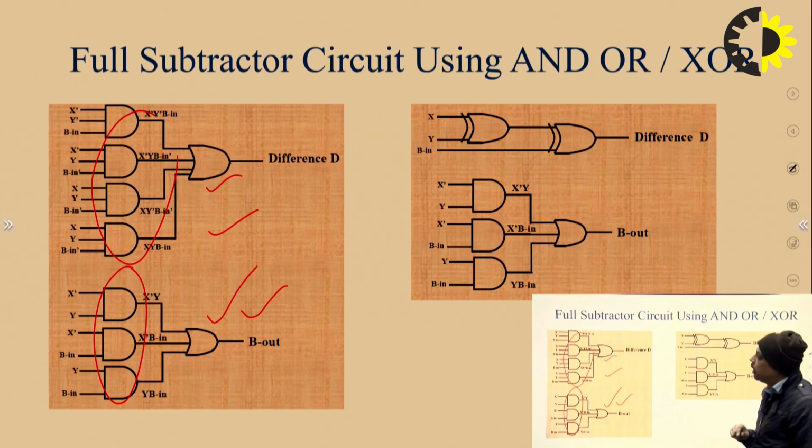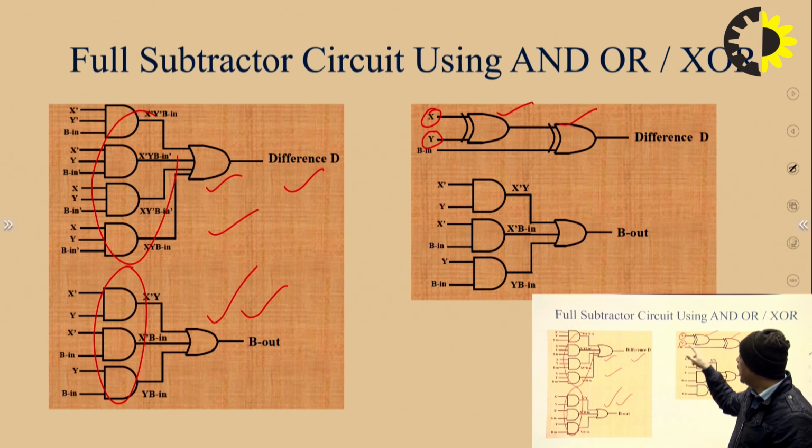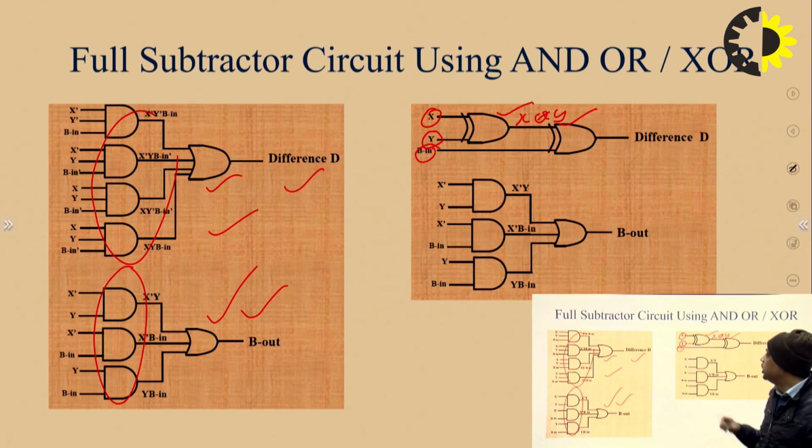Now if we want to implement this circuit with the help of a special gate like XOR gate, we can represent this difference function as the combination of X XOR with Y, and the result X XOR Y is again XOR with the B input. So the total output difference is equal to this.